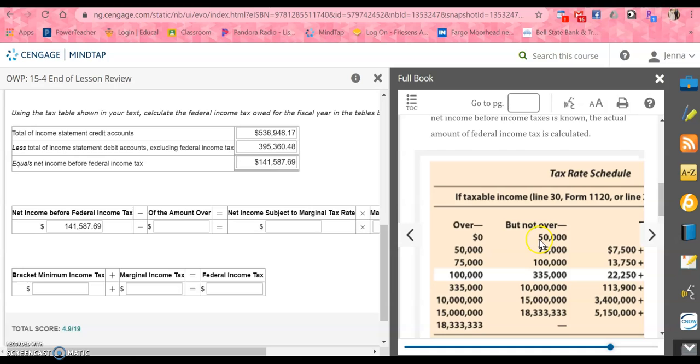This is the tax table that we're looking at. And so what we need to do is figure out this amount, where it falls, what tax bracket. And so it falls on the one that's highlighted in the book. So it's over 100,000, but it's going to be less than 335,000. Now the amount over is going to be 100,000. So I'm going to go ahead and put that in.